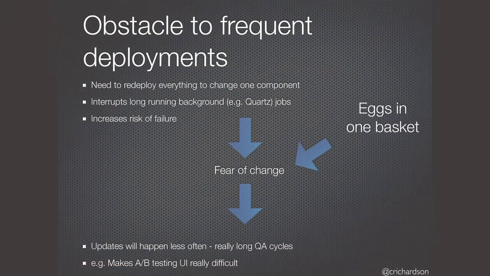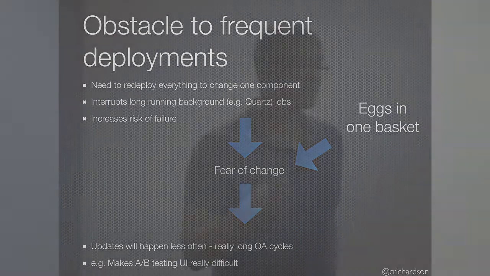Another problem you run into is that state of the art today is continuous deployment. If you have a SaaS application, you can push changes into production many times a day. The trouble is, if all of those changes have to go into this monolithic application, that really doesn't fit with continuous deployment.